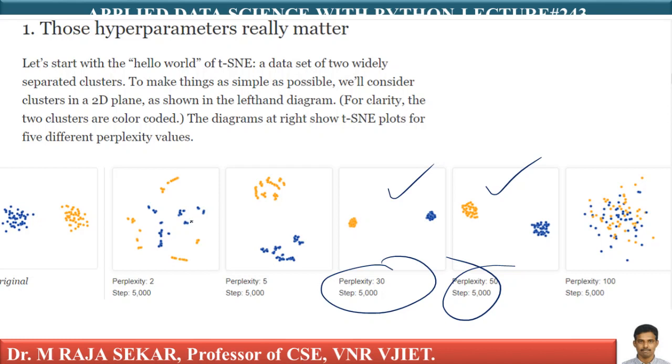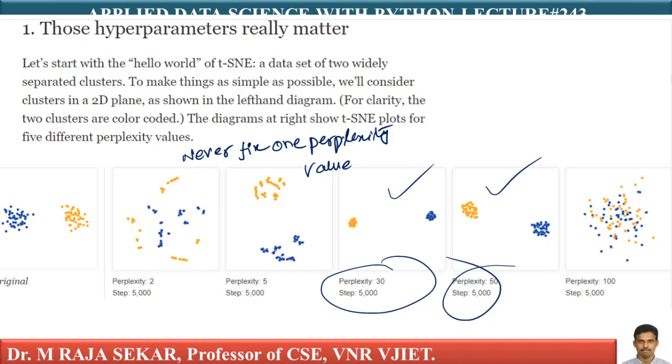So the first lesson is never fix one perplexity value. Always run your t-SNE for multiple perplexity values to understand the actual shape. So never run your t-SNE only once. That's the most important thing.